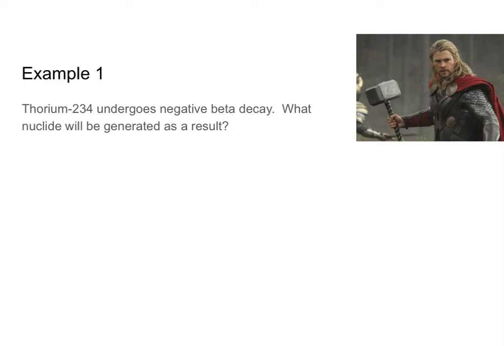So let's go ahead and look through an example. Thorium-234, and just so you all know, the atomic number of thorium is 90. So another way to write this would be Th 90-234, undergoes negative beta decay. What nuclide will be generated as a result? So we have thorium-234 and 90, and that's going to undergo negative beta decay.